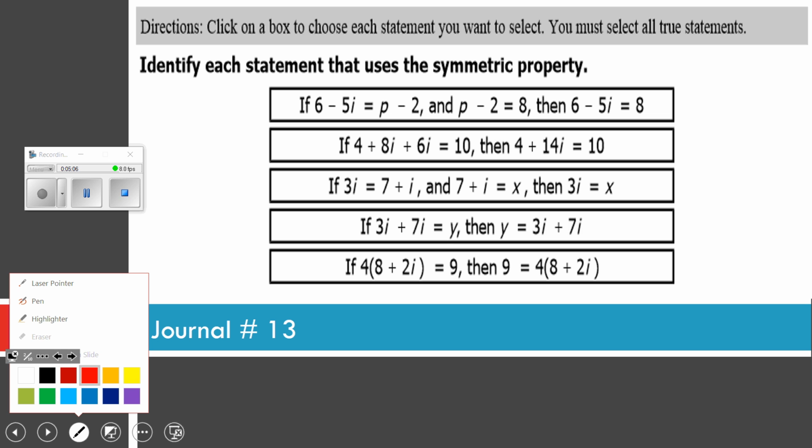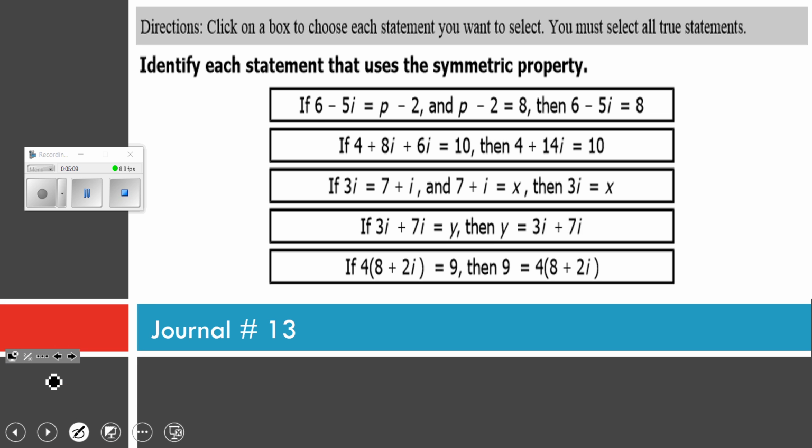This is the transitive property. If A is equal to B and B, notice they're the same, is equal to C. If these guys are both equal to each other, you can take the middleman out and connect A to C. The first part is 6 minus 5i, that was your A, and 8 was your C. So that would be transitive.